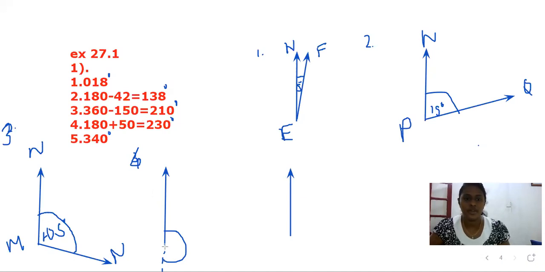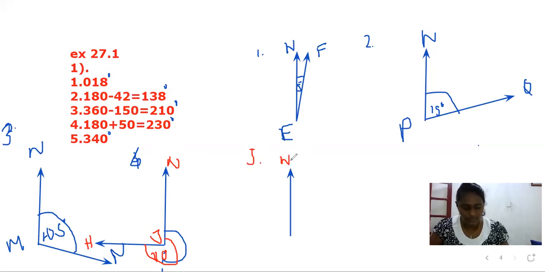Then once you take 90, you get such a figure. This is north. The bearing of H from J is 270. This is figure number 4.